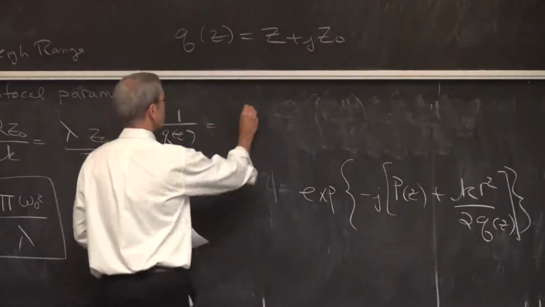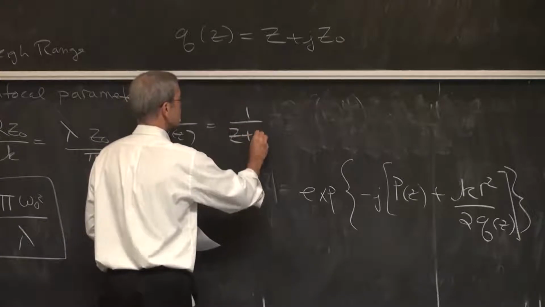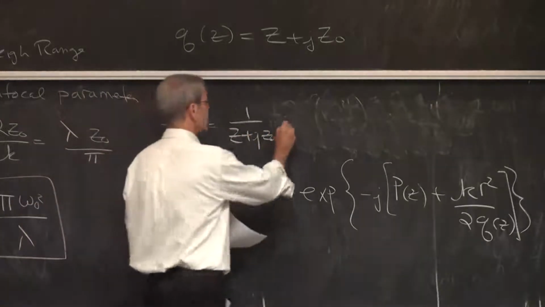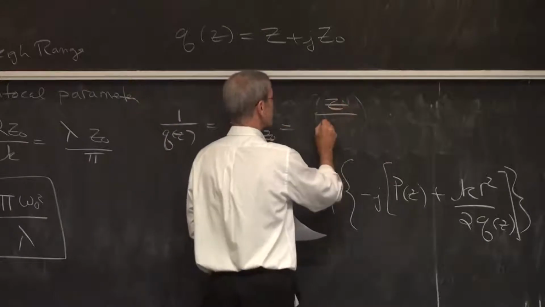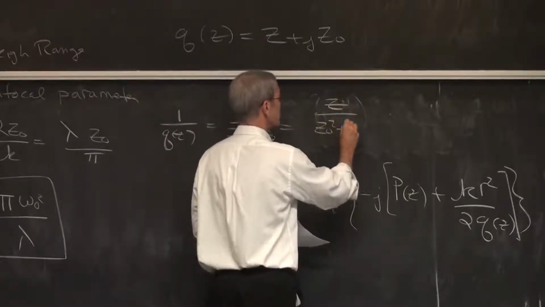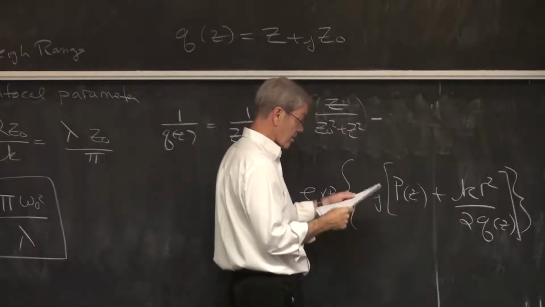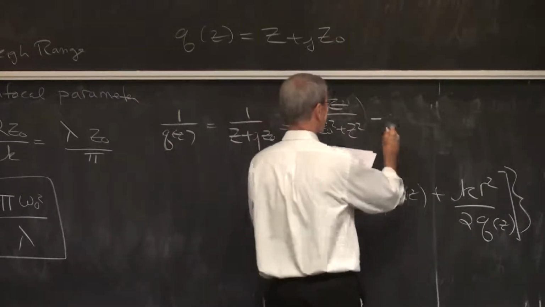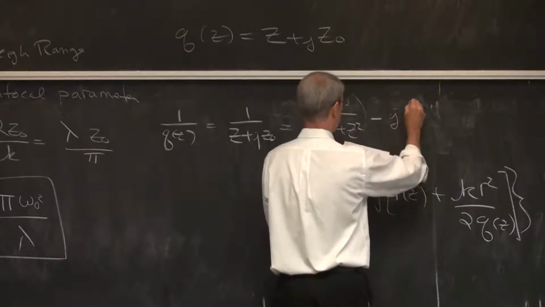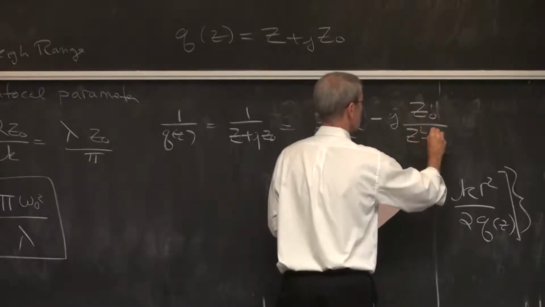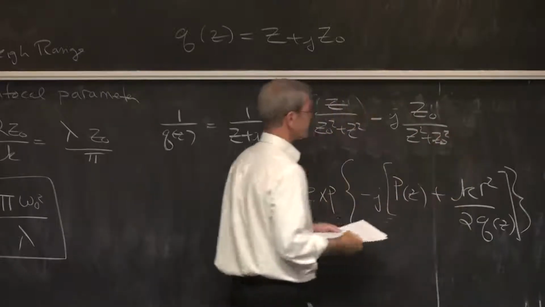And that's equal to 1 over z plus j z naught, and we can expand that. That's equal to z over z squared plus z naught squared, minus j z naught over z squared plus z naught squared.